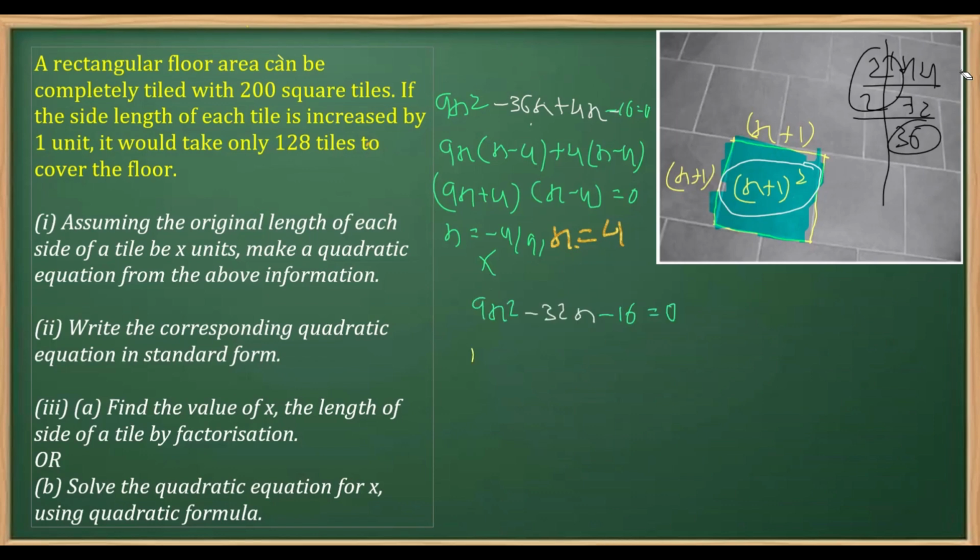So first I'll obtain D. D is b square minus 4ac. So D, which is the discriminant, b is minus 32. So we'll have to write minus 32 square minus 4 times a, which is 9, and c, which is minus 16. So D comes out to be, 32 square is 1024, so it should be positive 1024.